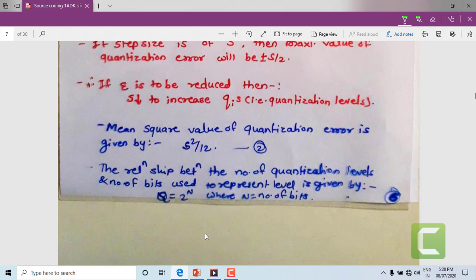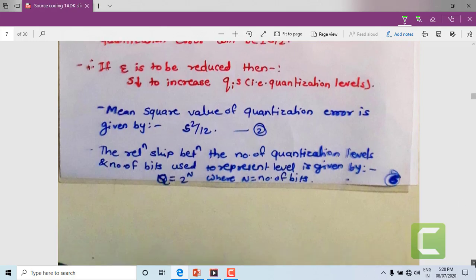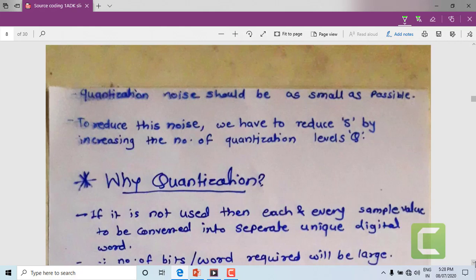We have set up the relationship between the quantization levels and the number of bits used for representing the levels as Q is equal to 2 raised to N, where Q stands for the number of quantization levels and capital N stands for the number of bits used per word. So if I want the quantization noise to be small, then I have to reduce the step size, and we have to go for increasing the number of quantization levels.